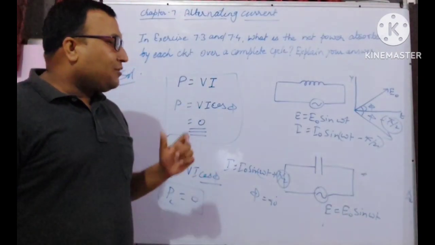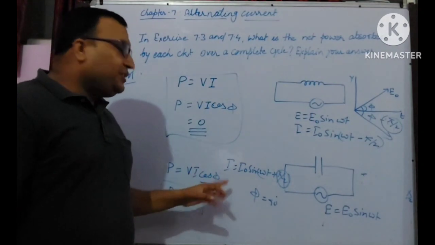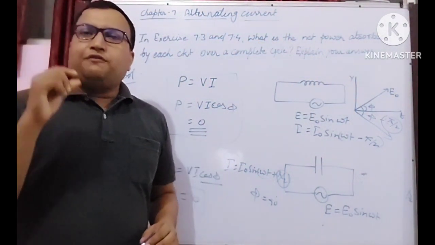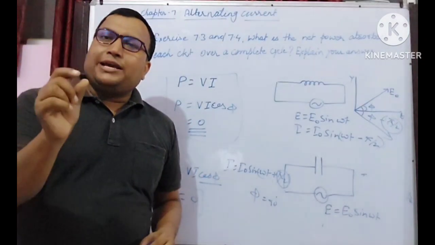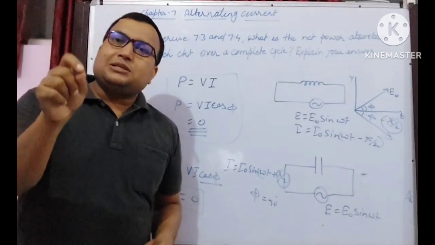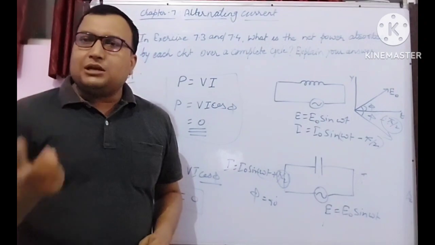The same thing we are going to observe in a capacitor. P equal to VI cos phi, and the phi value is the angle difference between the voltage, that means EMF, and the current, and that difference is 90 degrees. When we put this value, we get the result 0.